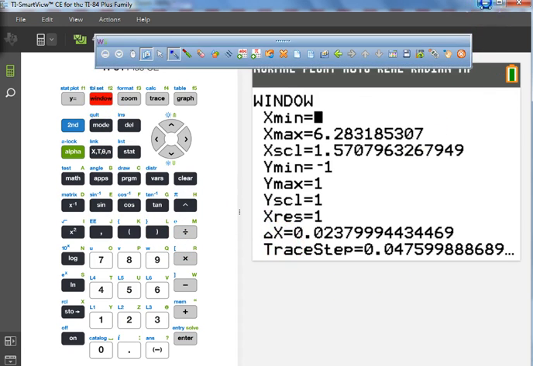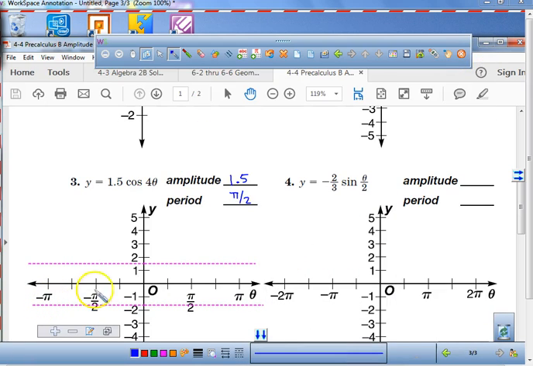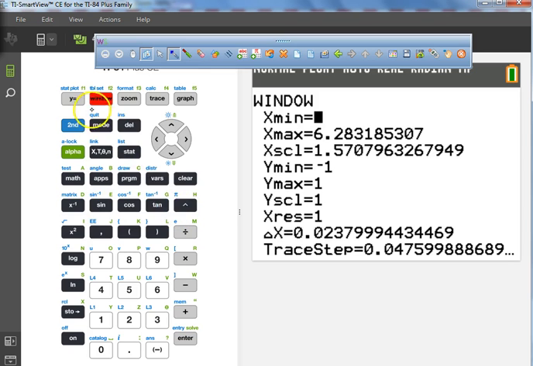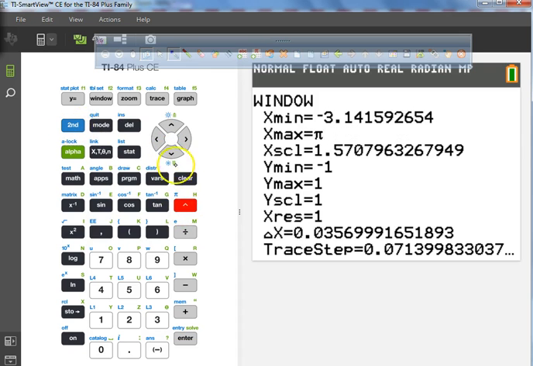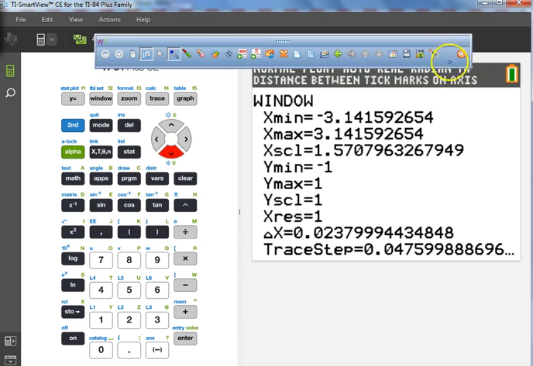Now, if we look at our picture, we're going from negative pi to positive pi. So go to your window, from negative pi to positive pi. Now, let's look at our x scale.